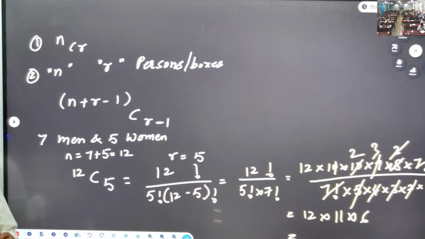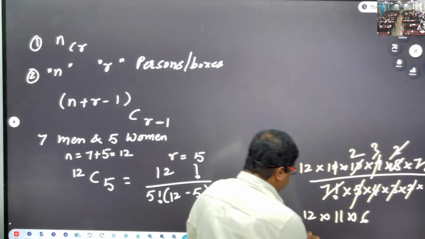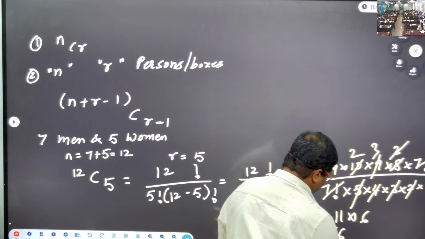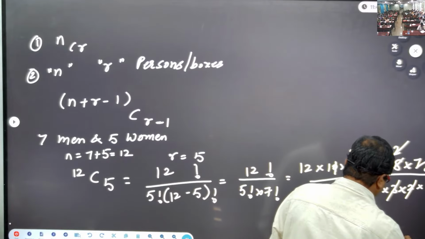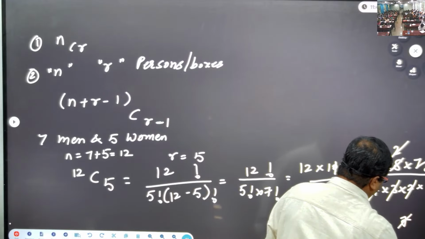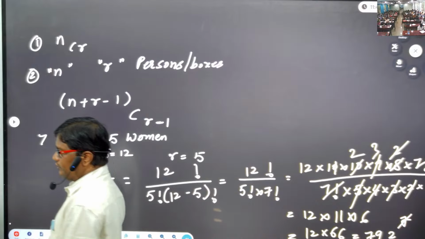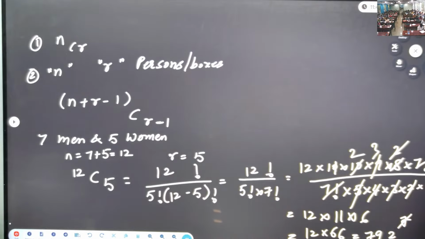That is the 12C5 value, or you can go with 12 into 66. 792 ways we are having, that is 792 combinations we are having for picking a 5 member team from 7 men and 5 women. Okay, 792. Right? Next.